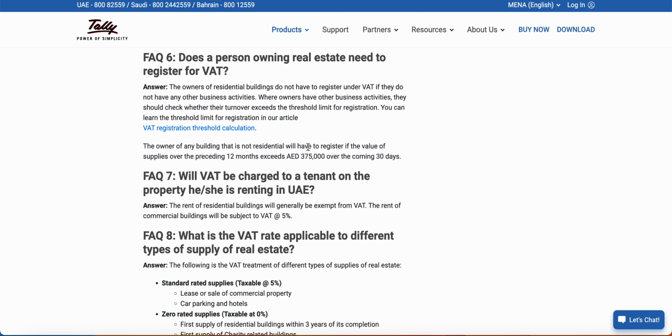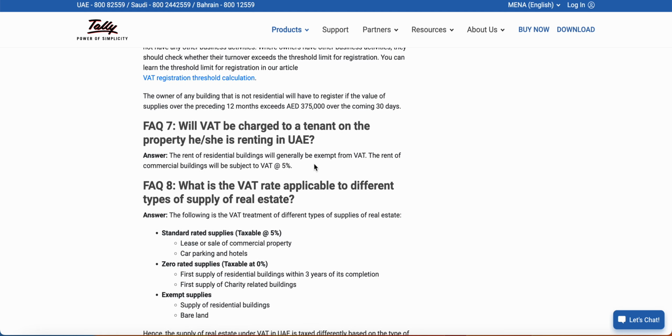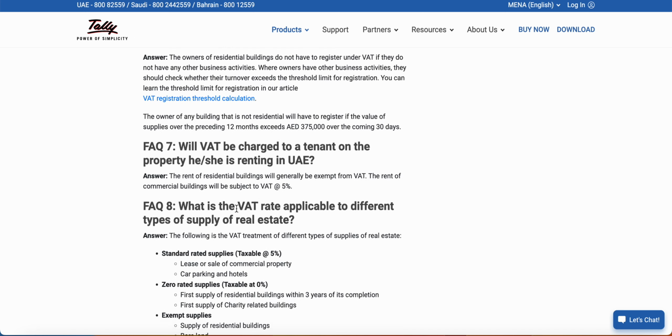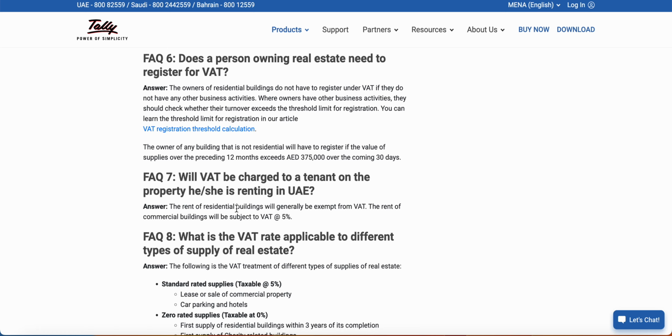You'll reach this limit as soon as you sell even a few properties. So this was relating to registration, because the tax can only be charged by a registered person. If you are not required to be registered, then you don't have to charge this tax at 0 rate or 5% or exempt.